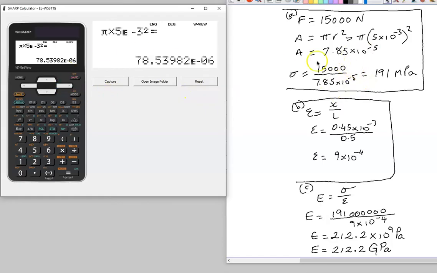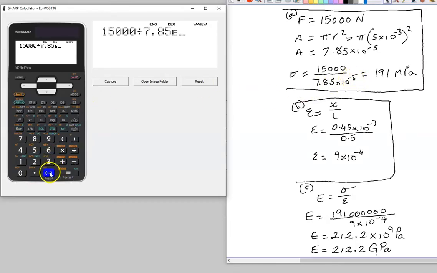So if we want to calculate our direct stress, we're going to put this in. Clear the calculator. We're still in engineering mode, you can see up at the top ENG, so just leave it in that setting. So 15,000 divided by 7.85 and the EXP button, and it's minus 5.